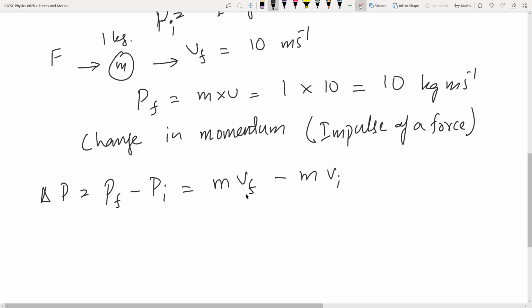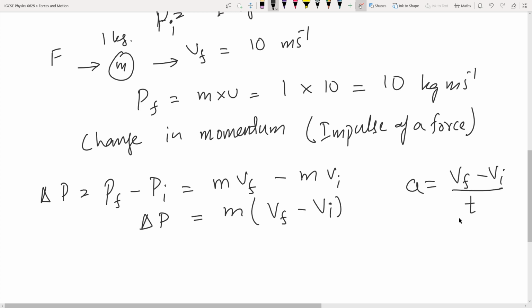Now since the mass is constant, it is not going to be different. We can take mass common over here, so I will call this delta p. Mass is taken common, so it is going to be vf minus vi. Now if you remember, we discussed in acceleration, the formula for acceleration is actually vf minus vi, the change in velocities, over time. So what if I divide both sides with time, right?